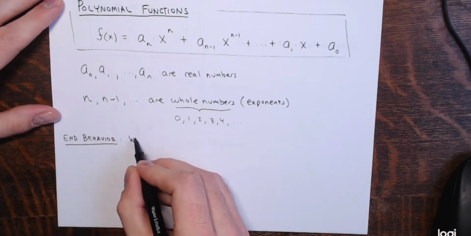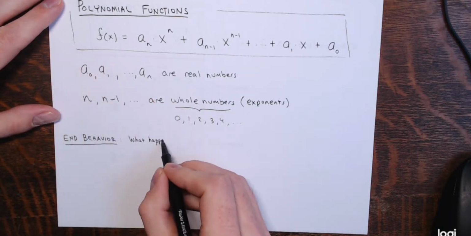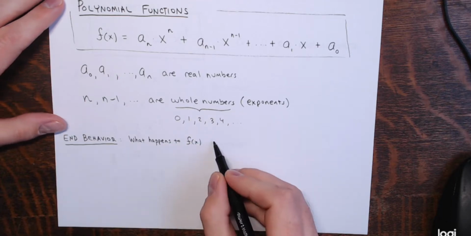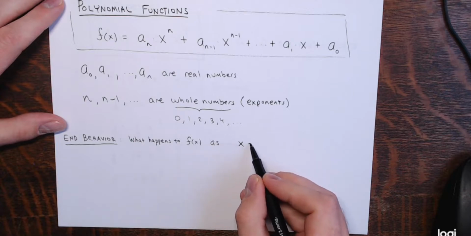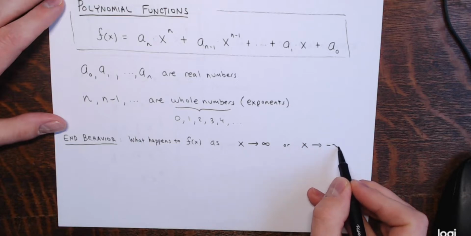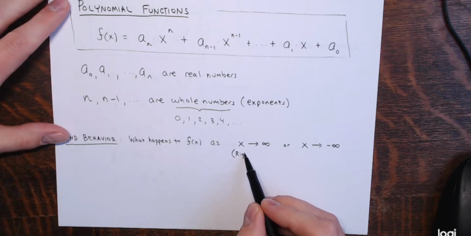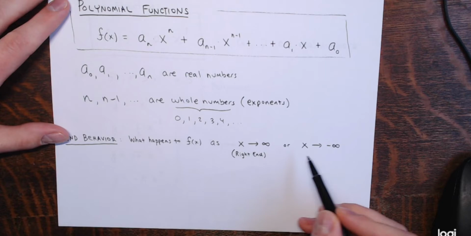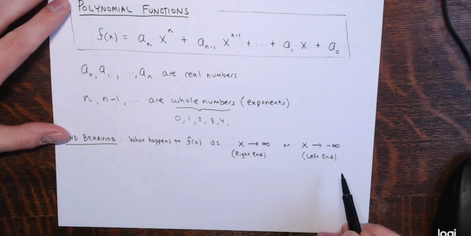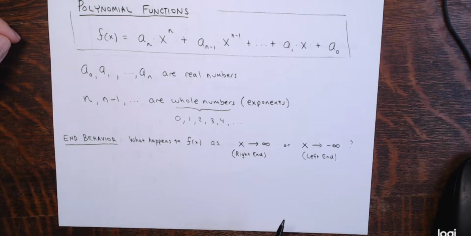This is what happens to f of x, the output, as x goes to infinity or as x goes to negative infinity, with these arrows. Now x going to infinity would be the right end of the graph. X going to negative infinity would be the left end of the graph. And that's what you're asking when you're talking about end behavior.